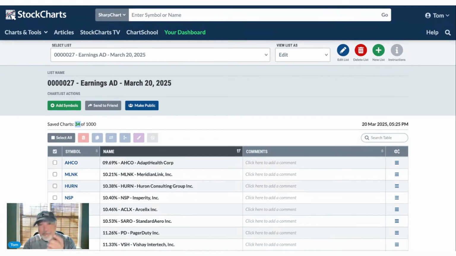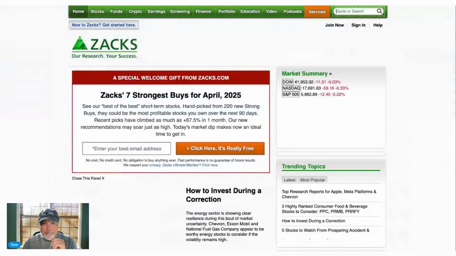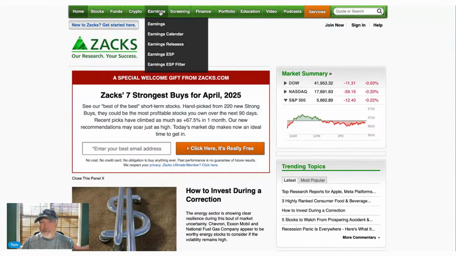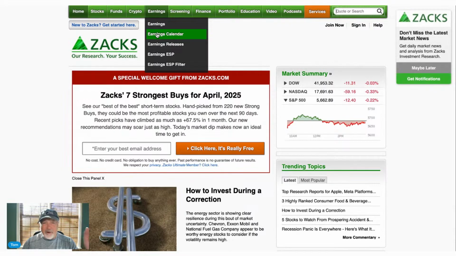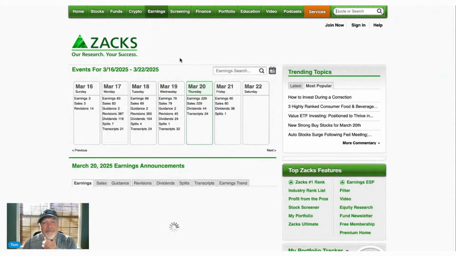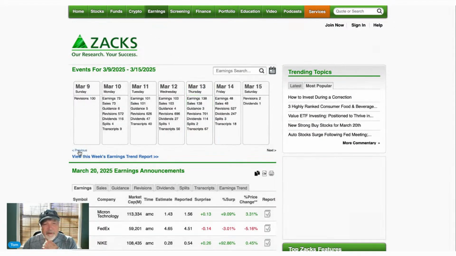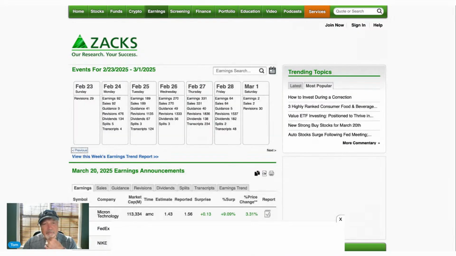All right, next up, upcoming earnings. Now, I didn't have the foresight. I've already deleted all of our upcoming earnings, but what I will do is I can just show you, for instance, I'll go to Zacks.com and we'll go back into the middle of when earnings season was really busy. So we're going to take a look at the earnings calendar and we're going to go back several weeks because probably you can kind of see the earnings here on top.